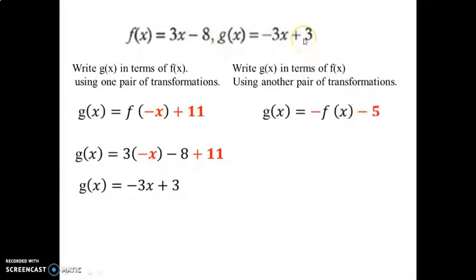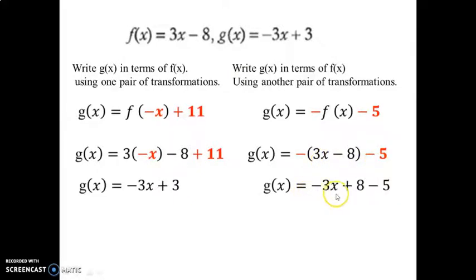What are you going to do to it? Well, you're going to subtract 5, right? We make the whole function negative, and then we subtract 5. Let's look at that here. So this 3x minus 8, the whole function is made negative, and then we subtract 5 from there. So we get negative 3x, and then this combines to become this, which works out. So you can see 2 different paths, 2 different pairs of transformations get us to the same place. Important to know.